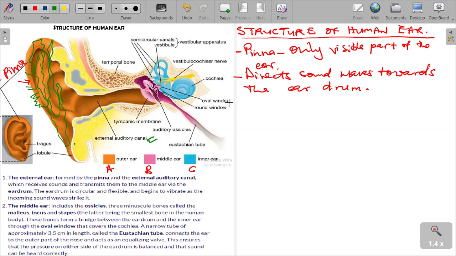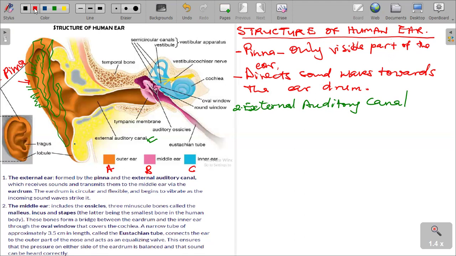What is the function of the external auditory canal?